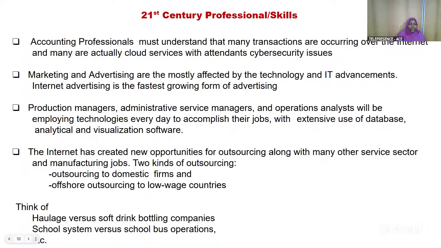The 21st century accounting professional must understand that not all transactions are happening on paper again. Many are occurring over the internet.